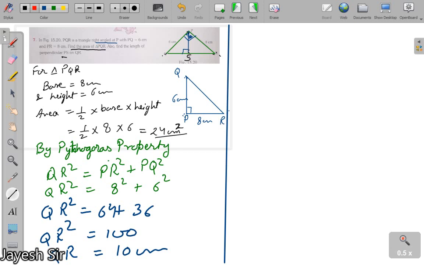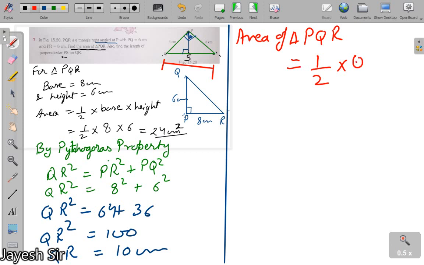So lastly, we have the value of the base QR. We need to determine the length of perpendicular. We know that area of triangle PQR is equals to half into base. We are taking QR as the base, and height is PS.